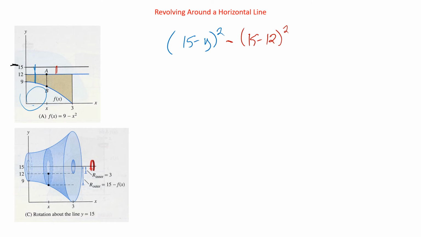And as we're doing this, notice the big radius is not the top equation right here. The big radius is the bigger distance to the axis of rotation. So if we were rotating around the x-axis, instead of the line y equals 15, these two things would be switched. Now, if you do accidentally switch them, your answer is going to be negative.